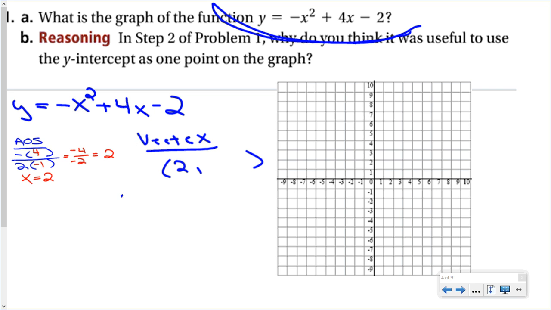Use the formula, y equals, keeping everything the same, plugging in the number we found for x, so we're going to plug in a 2.